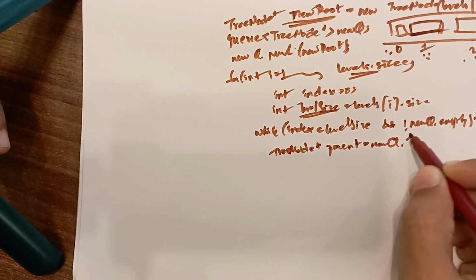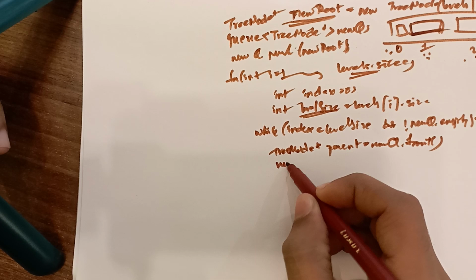The parent node will be the new queue's front, and after that take it out of the new queue.